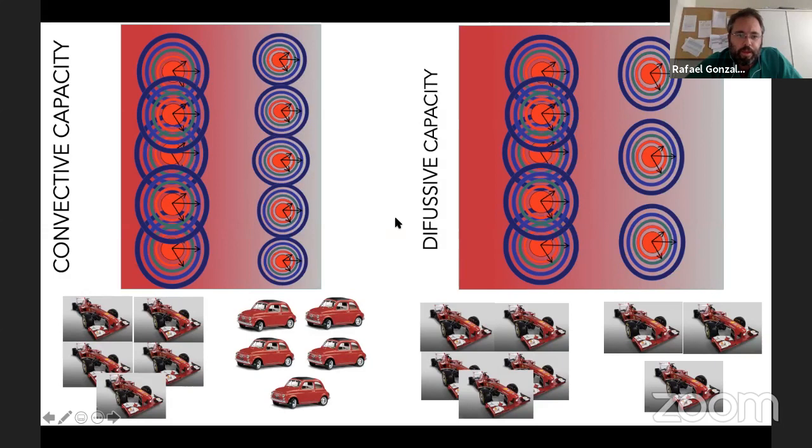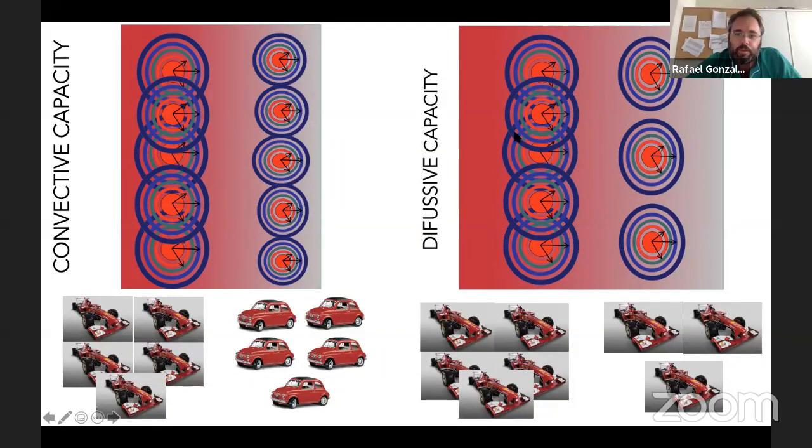Moving on with the same example as before, we can talk about an impairment in convective capacity. When the flow is decreased, we see how the amount of oxygen that we can provide to the tissues is decreased. We have 5 different vessels with normal flow, and if we decrease the flow in each vessel, we see that the amount of oxygen that we can provide to the tissues is diminished.